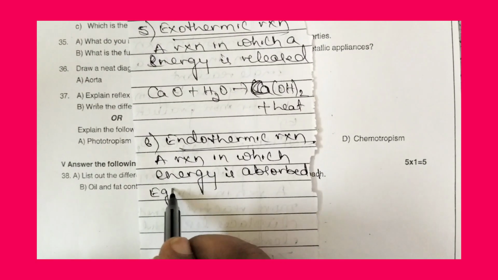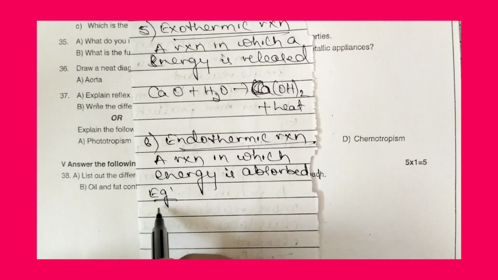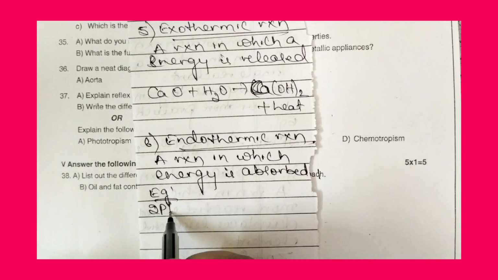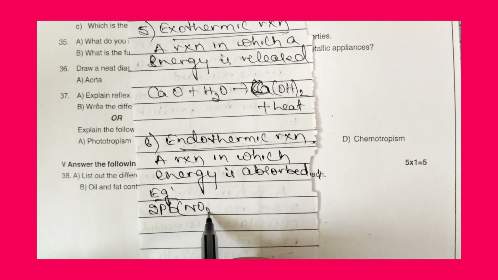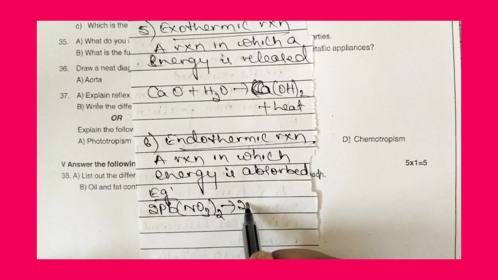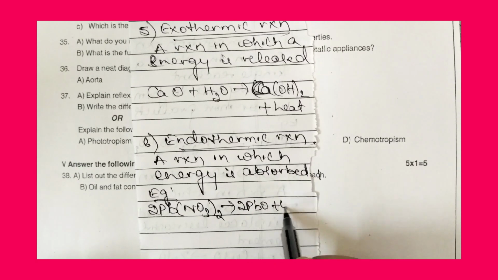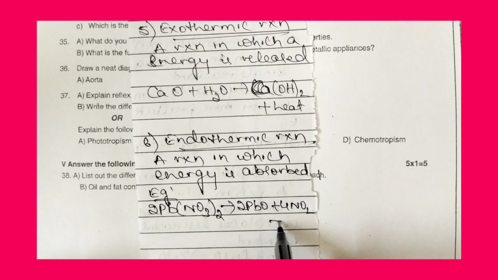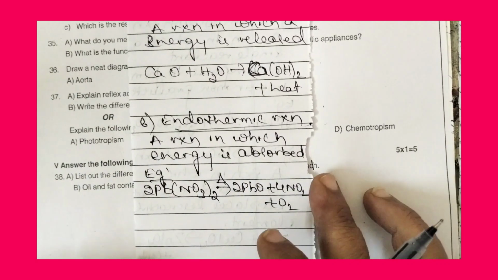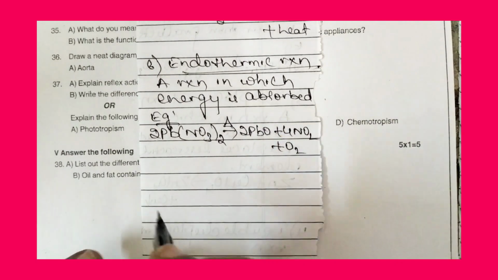Example, 2Pb(NO3)2 give rise to 2PbO plus 4NO2 plus O2. When it is heated, it absorbs heat energy.